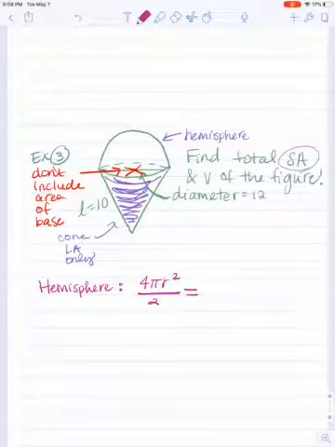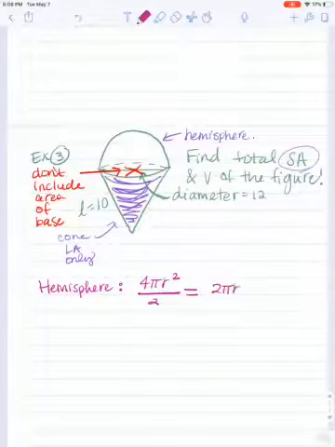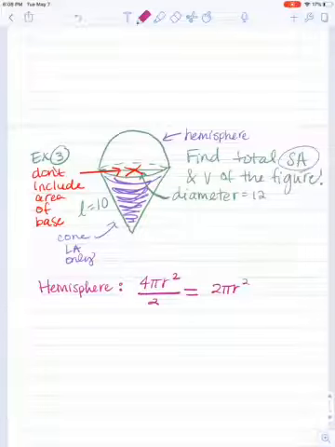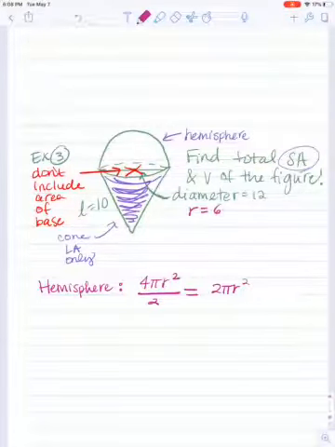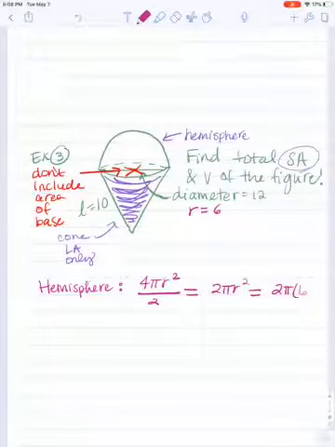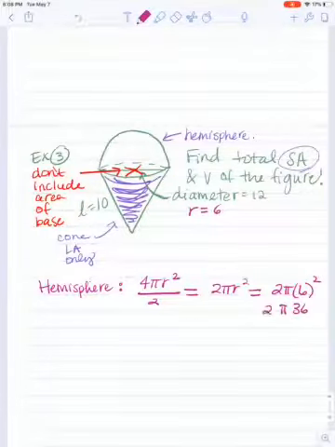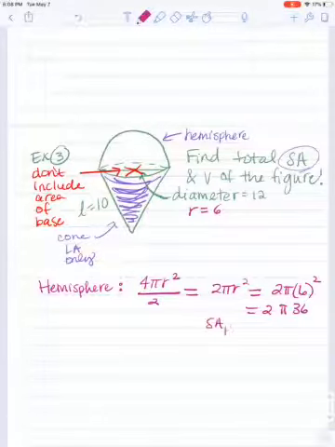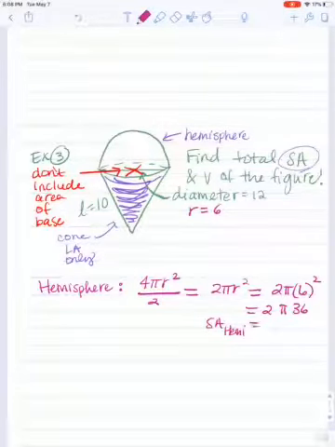What does that simplify to? 2 pi r squared. Boom. So all you got to do is plug in your radius. Since the diameter is 12, the radius is going to be 6. So the surface area is 2 pi times 6 squared. That's 36 pi, and then times 2. So my surface area of the hemisphere is 72 pi.